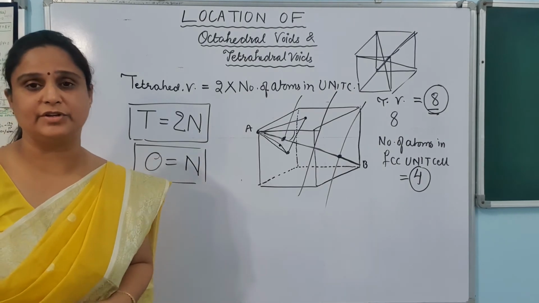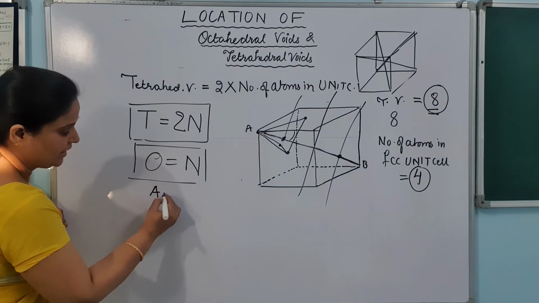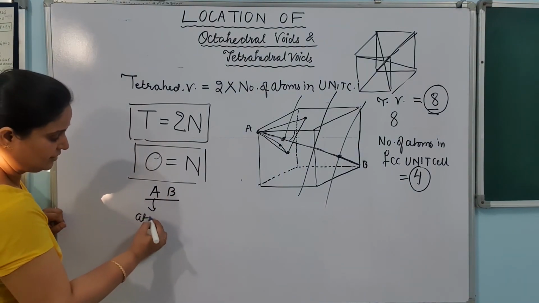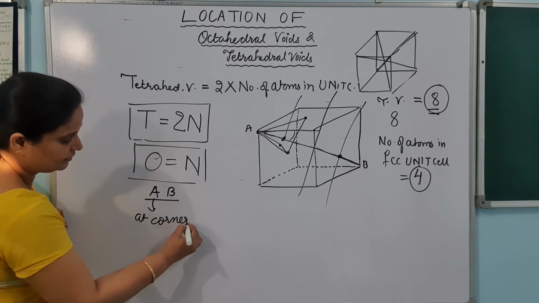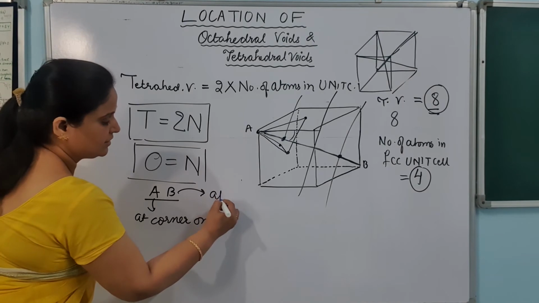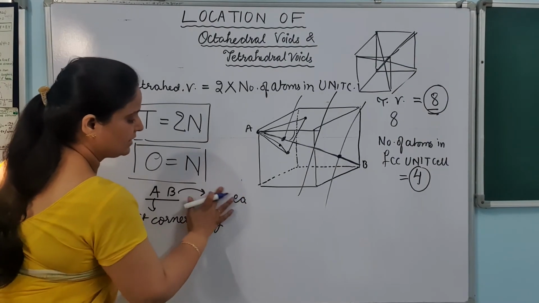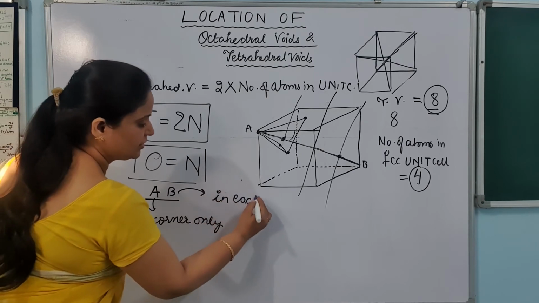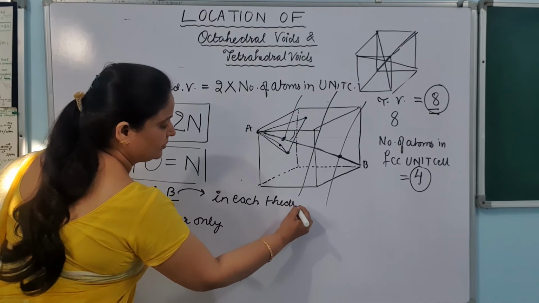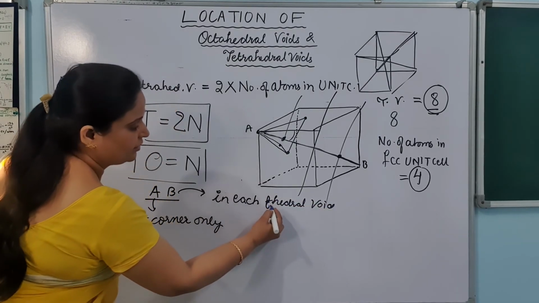If a question is given to you, suppose I am giving a question to you that there are 2 atoms A and B. A is present at the corner only, and B is present in each tetrahedral void.